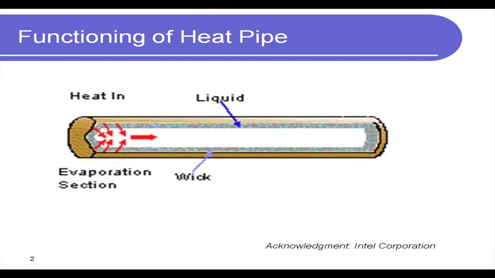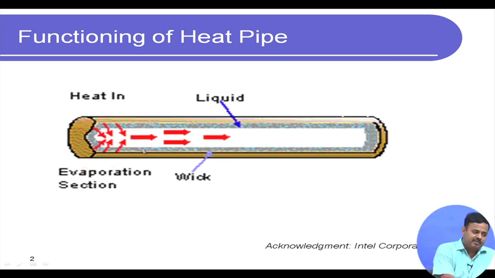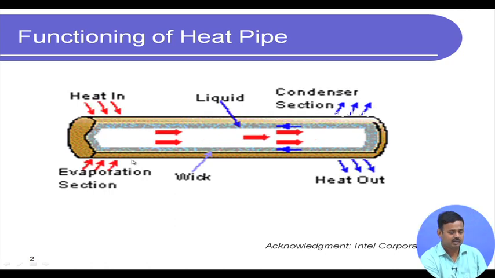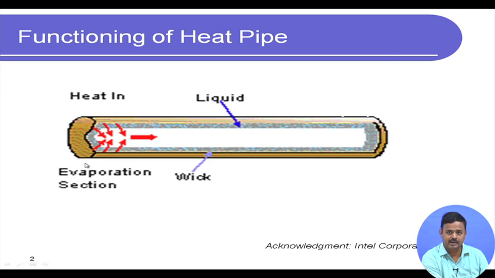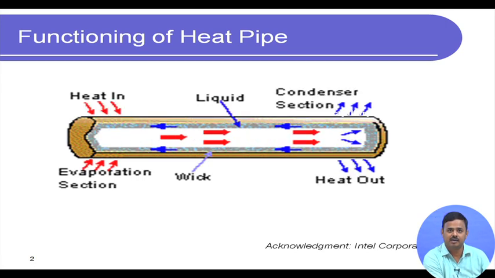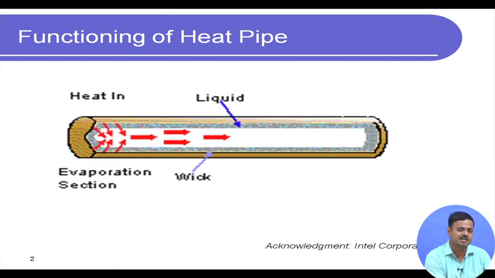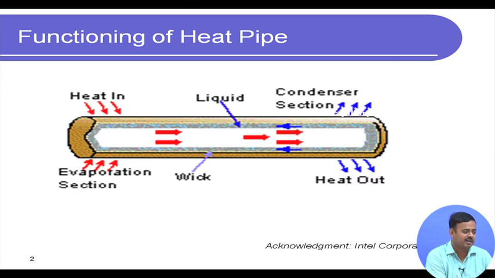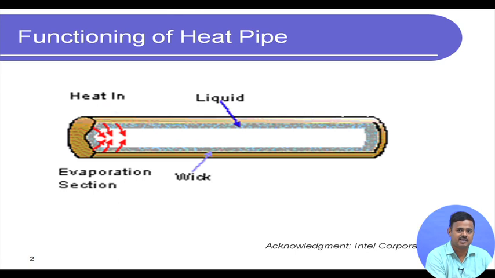All right. A few terminologies to end this slide with: the end at which we are supplying heat is known as the evaporator end or the evaporator section. Why evaporator section? Because the liquid is getting converted to vapor, that is, it is evaporating.